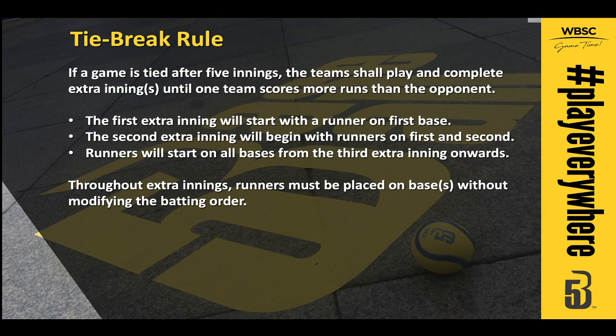In the second extra inning, both teams will begin with runners on first and second. Runners will start on all bases. It'll be a bases loaded situation from the 3rd extra inning onwards. And runners must be placed on base without modifying the batting order. So that'll be easy to keep track of as you get deep into a game.